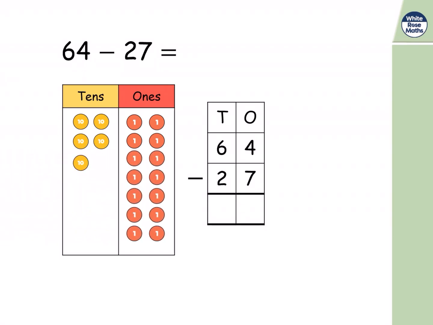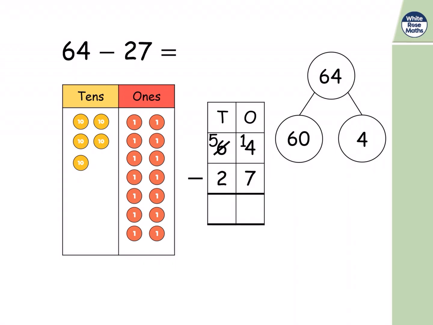Now I can subtract 7 ones. In my column subtraction calculation, I no longer have 6 tens, I now have 5 tens. And I no longer have 4 ones, I now have 14 ones. So I've amended my calculation to match my place value chart.